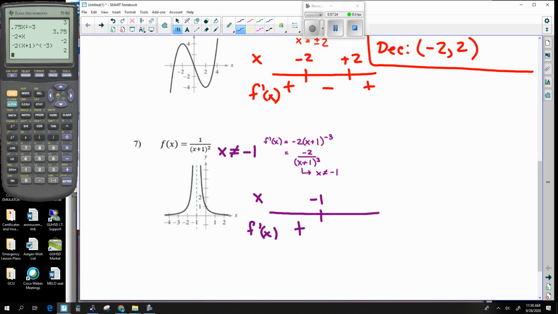Any number bigger than negative 1, such as 0, I put that in my derivative, and I get a negative number. So what this is saying is this is increasing from negative infinity to negative 1, and this is decreasing from negative 1 to infinity.